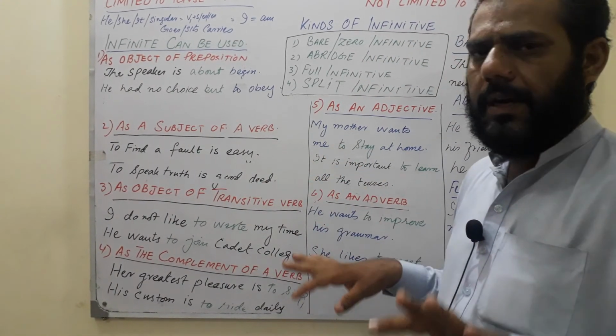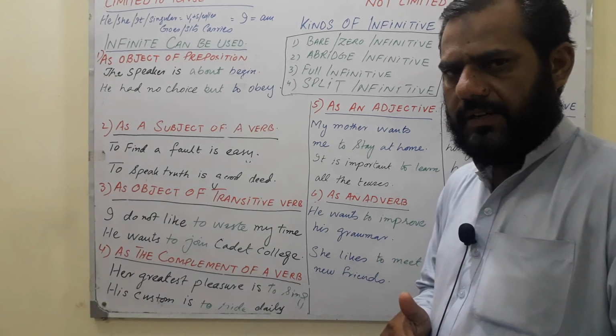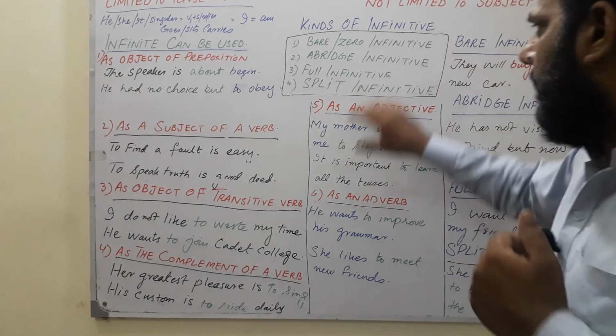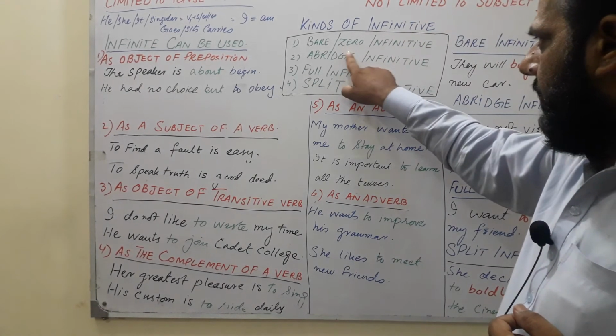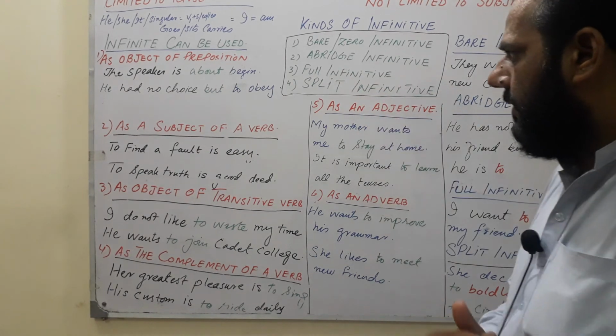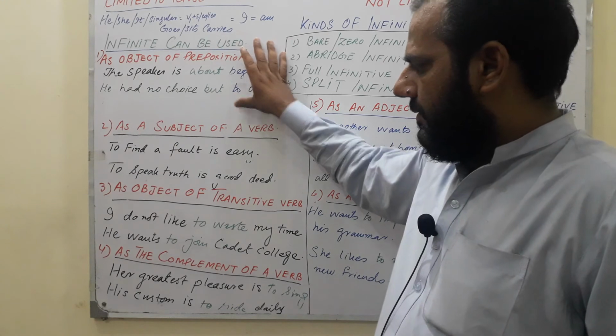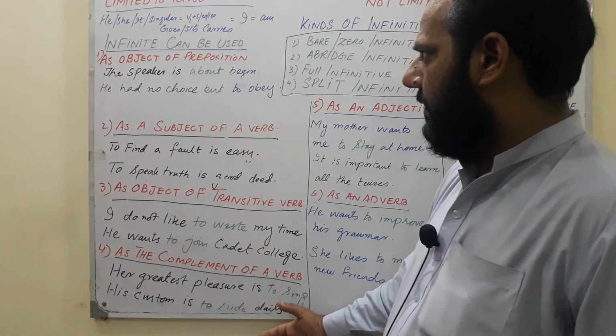In this video, I tried my level best to convey my message about the concept of infinitive while telling you the four kinds of infinitive: bare infinitive, abridged infinitive, full infinitive, and split infinitive. Second, I told you the six ways to use an infinitive.